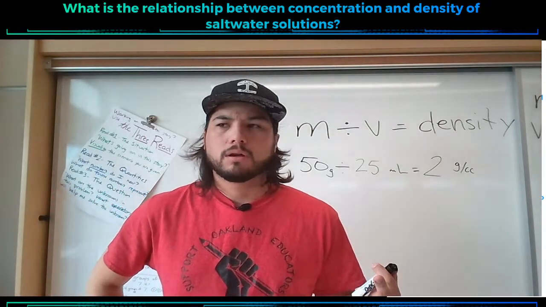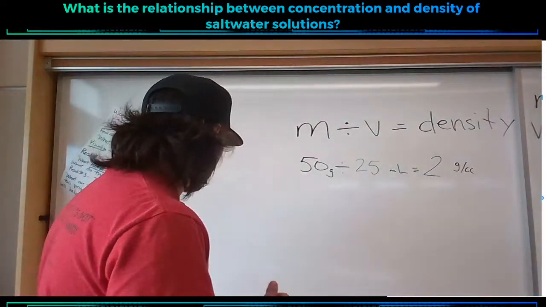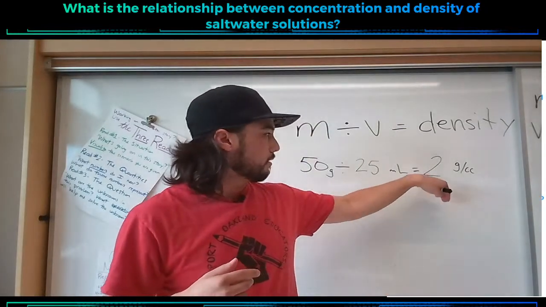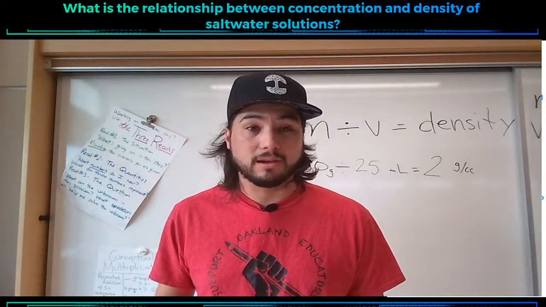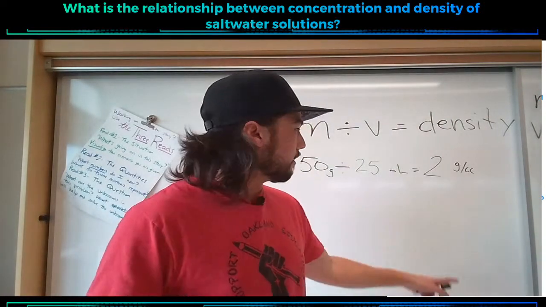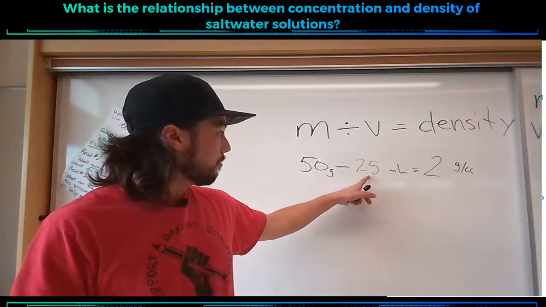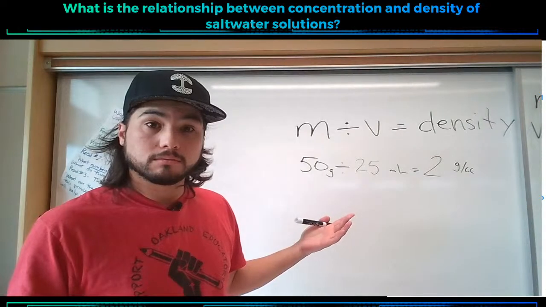Okay, so with water, the volume and the mass are equal, so we end up with a density of 1 gram per cubic centimeter. That gives us a nice way of thinking about it: anything with a density less than 1, so it's got more volume than mass, will float.